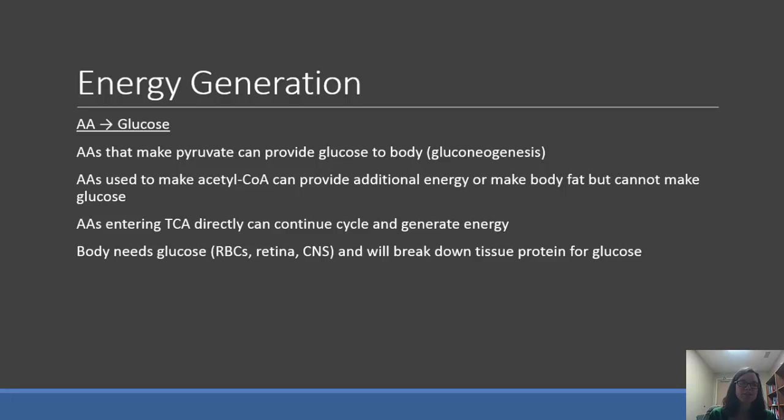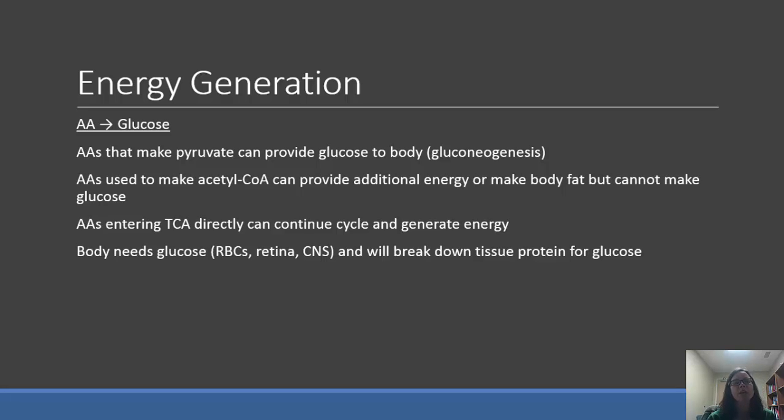Okay, so let's go specifically into how amino acids are converted to different substrates. Some amino acids, I should say, can be converted to pyruvate that can then be converted to glucose via gluconeogenesis. Amino acids that are used to make acetyl-CoA, such as our strictly ketogenic amino acids, can provide energy or make body fat, but they can't make glucose.